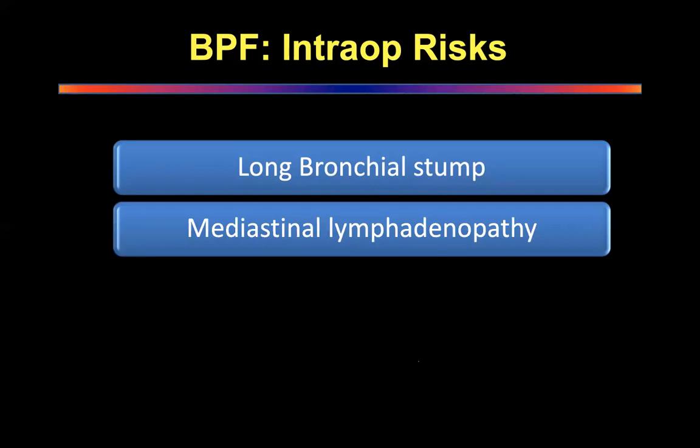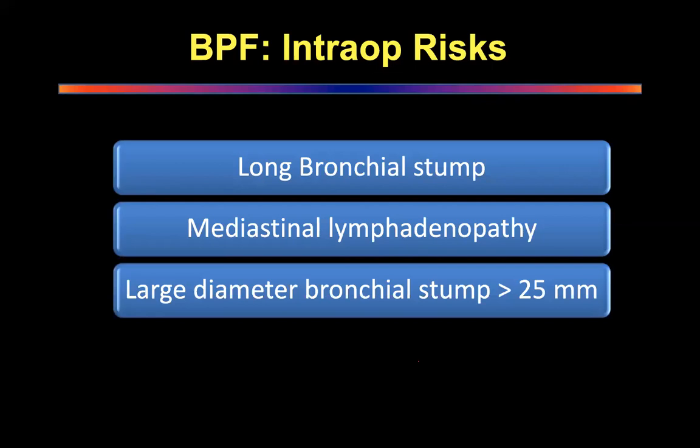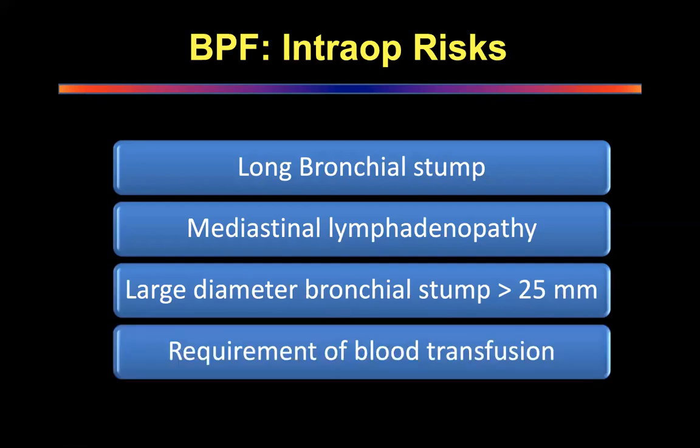Mediastinal lymphadenopathy can sometimes erode into the area and cause problems. A bronchial diameter of more than 2.25 mm carries more risk of a bronchopleural fistula. Smaller bronchi don't give way that easily. And of course, use of blood transfusion. I think blood transfusion should be treated like an organ donation.